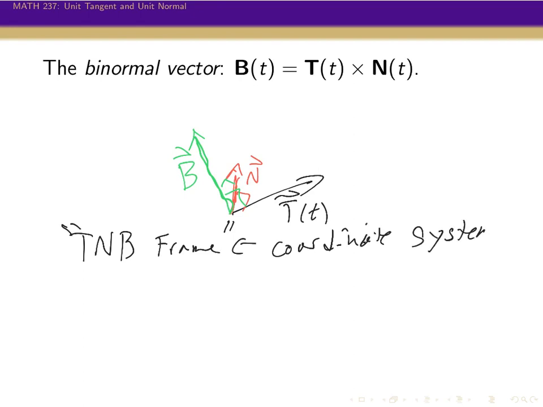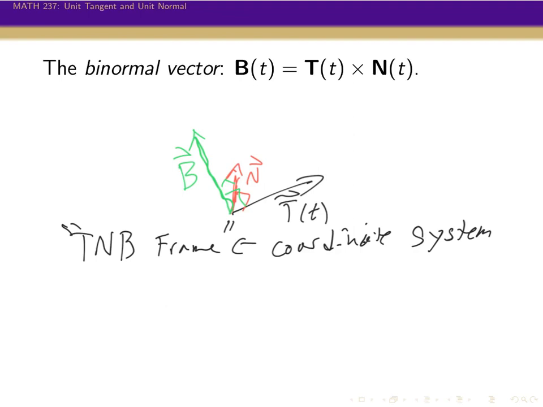These are all unit vectors perpendicular to each other, kind of like i, j, and k, but it's a coordinate system based on what the particle is experiencing as it moves along the curve. And so T is pointing in the direction that it's going, N is pointing in the direction that it's turning, and then B is giving the third component.